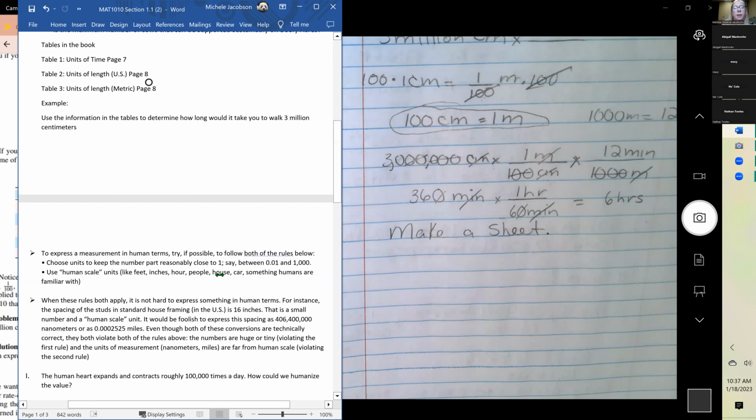So you want to try and find a value that's between 0.01 and 1,000. It's hard to visualize more than that. Use human scale units like feet, inches, hours, people, house, car. It does not have to be a measurement. Something people are familiar with.